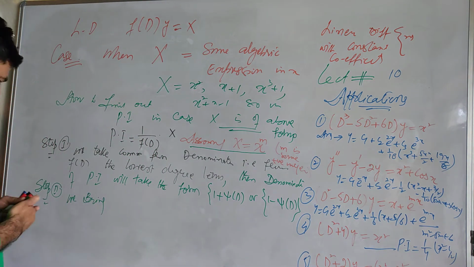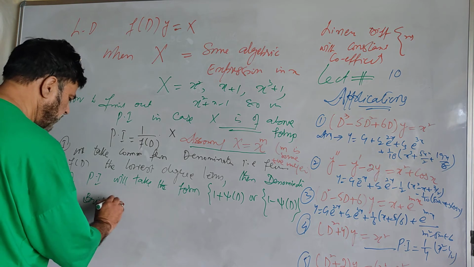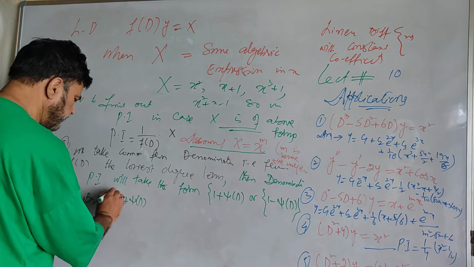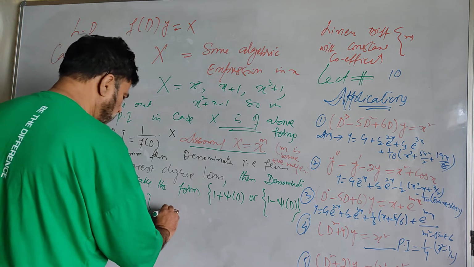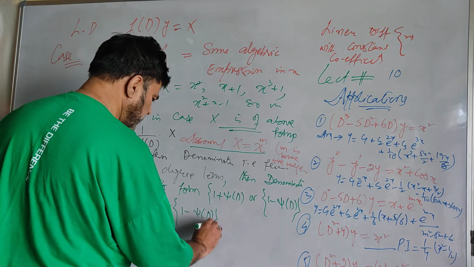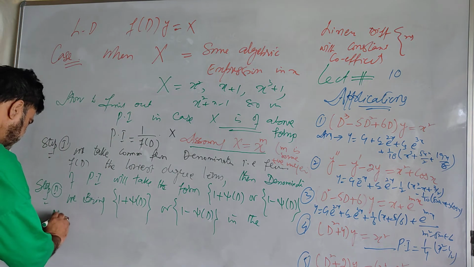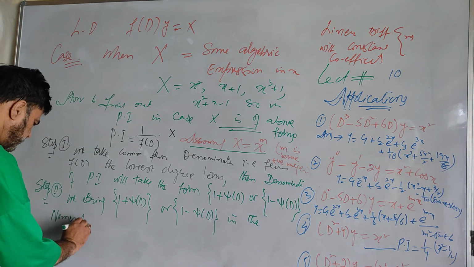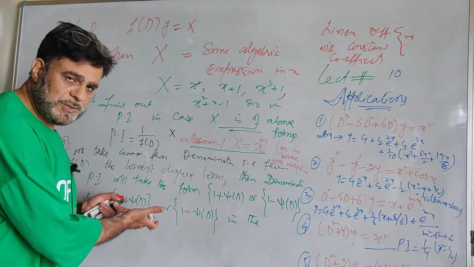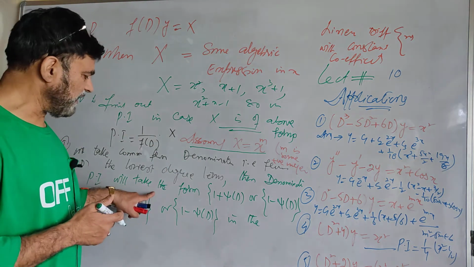Now after this we bring 1 plus psi of D, or if it is 1 minus psi of D, in the numerator. When you take this 1 plus psi D from the denominator to the numerator, naturally it will have power minus 1.